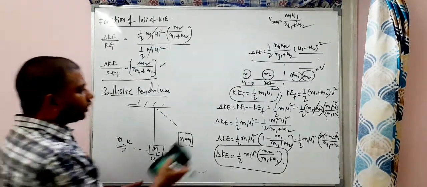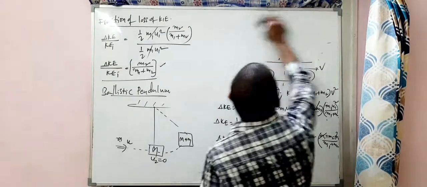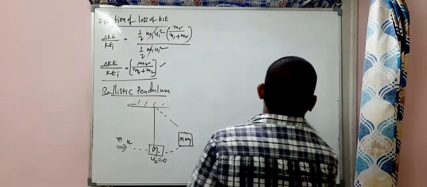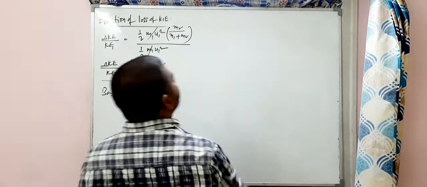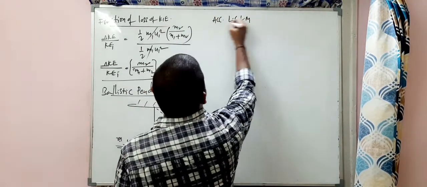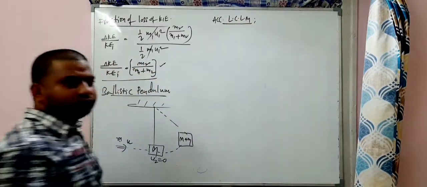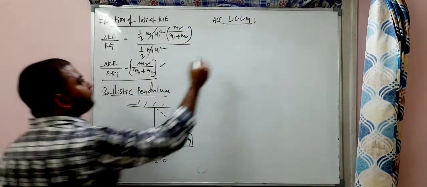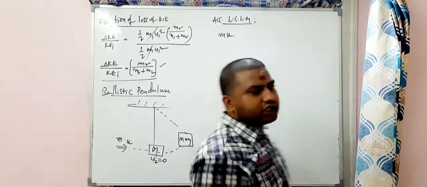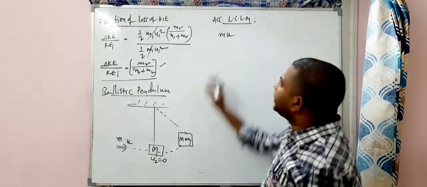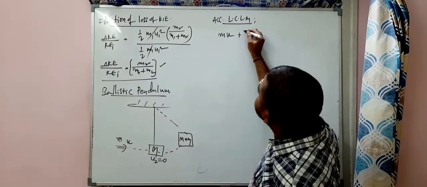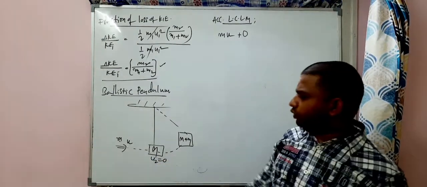Understand? Now the concept here: by applying the law of conservation of linear momentum, initially before the collision, the initial linear momentum of the first body plus the second body's initial linear momentum, which is 0.